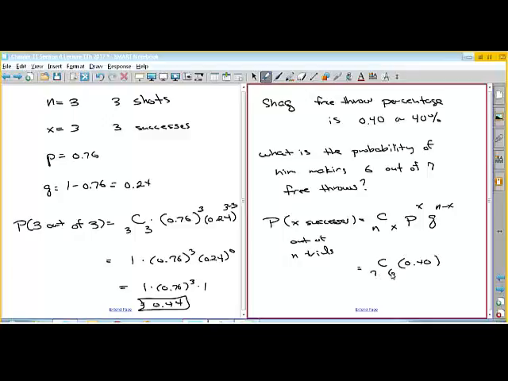So, 7 trials, 6 successes. The probability of success is 0.4. We have 6 successes. The probability of failure is 0.6. And we have 1 failure. So this is 7 minus 6. Again, because this number is 1 less than that, it's just 7.